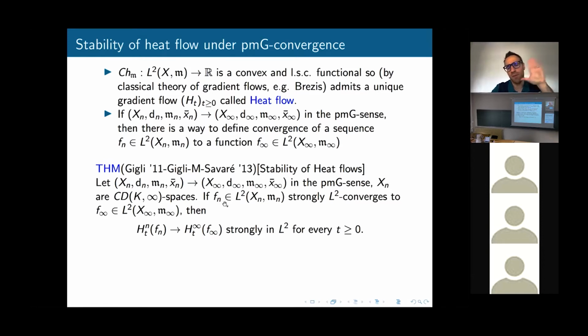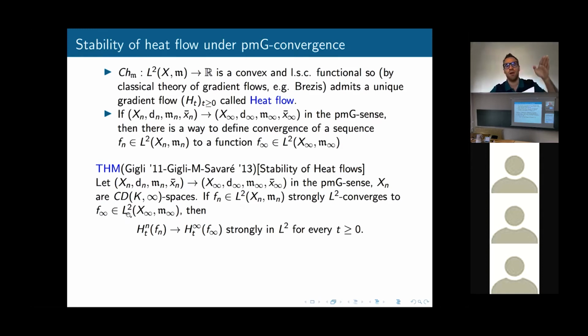Now for each n, consider an initial datum for the heat flow, which is in L2. So fn is in L2 of Xn. And assume that these initial data are converging strongly in L2 to a limit function f infinity in L2 of the limit space X infinity.